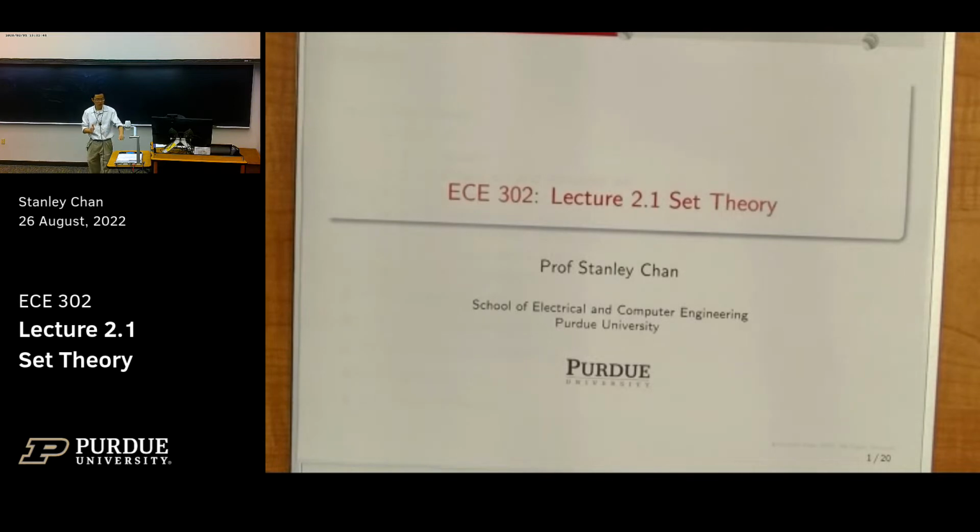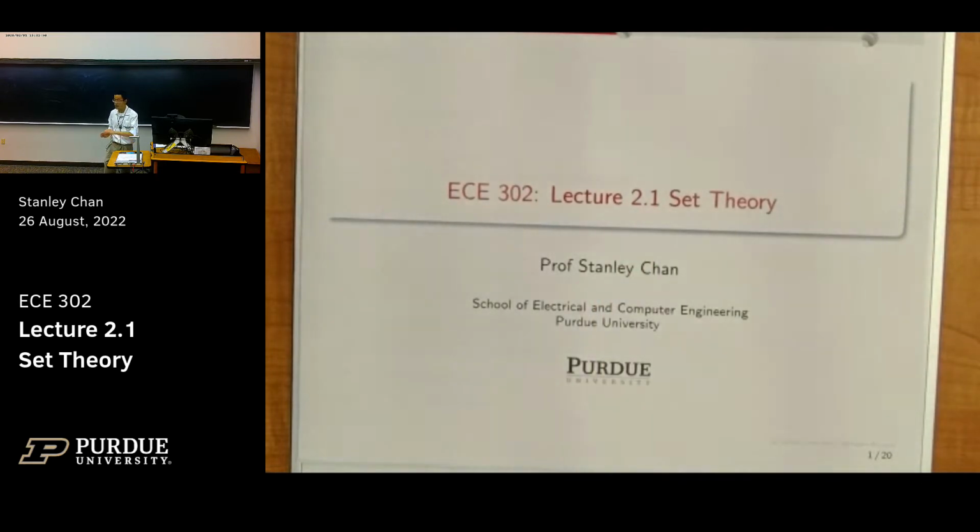But before we go into set theory, I want to do a mental exercise with you. What is probability? Let's think about it in this way. When you think about probability, clearly it's a number.